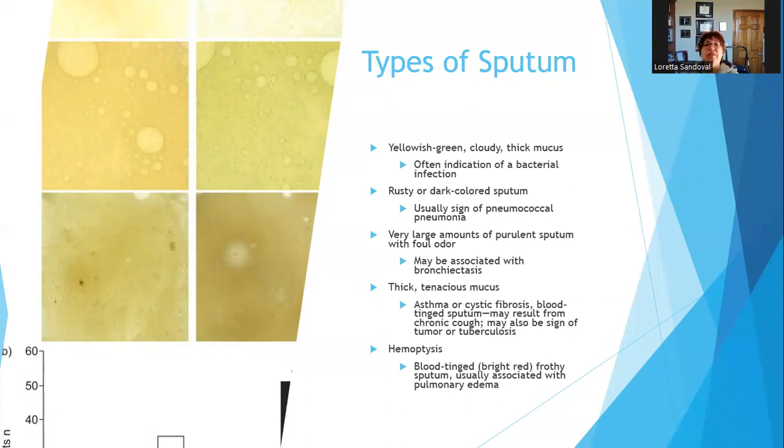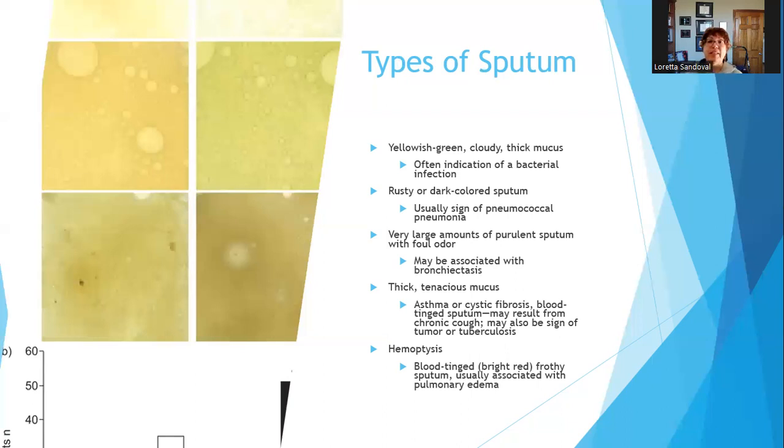Thick, tenacious mucus can be indicative of asthma or cystic fibrosis. Blood-tinged sputum may result from a chronic cough, but it also might be a sign of tumor or tuberculosis. Hemoptysis, which is basically coughing up bright red frothy sputum, is usually associated with pulmonary edema.